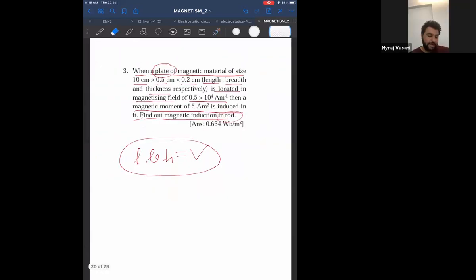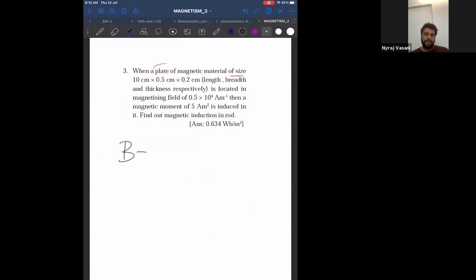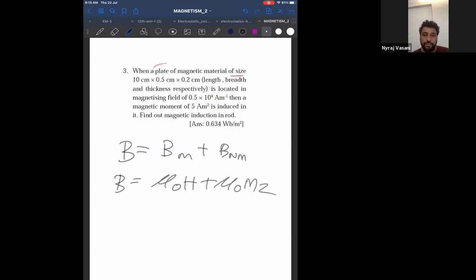Now, look at this. To find the entire magnetic induction, I will say magnetic induction will be of a metal plus of a non-metal, because I am not sure whether they have given exactly metallic or non-metallic components. So I will take the complete magnetic field. And I know magnetic field of a metal is mu naught H plus mu naught Mz. Correct? This is the formula. Look at our derivation.